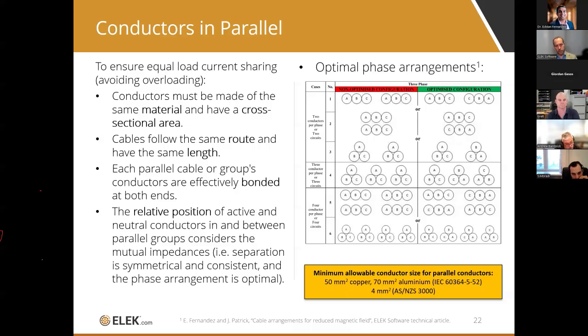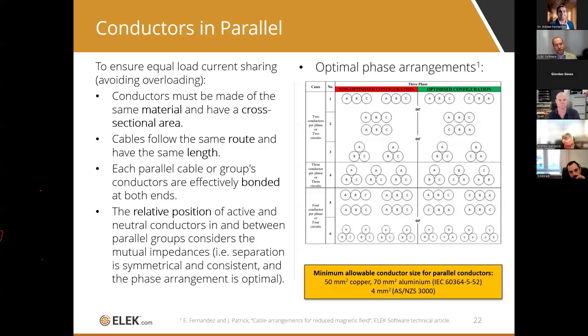Also, the relative position: we use equal spacing of the circuits within the groups, and we ensure they're parallel, the separation is symmetrical and consistent, and the phase arrangement is optimal.